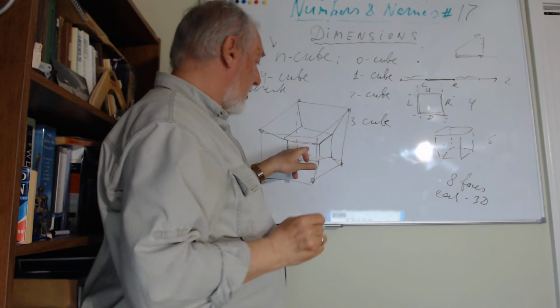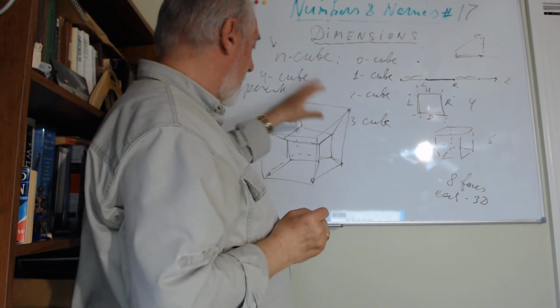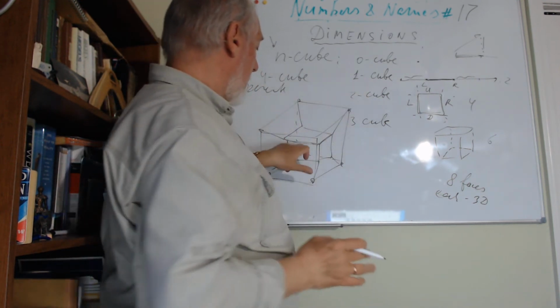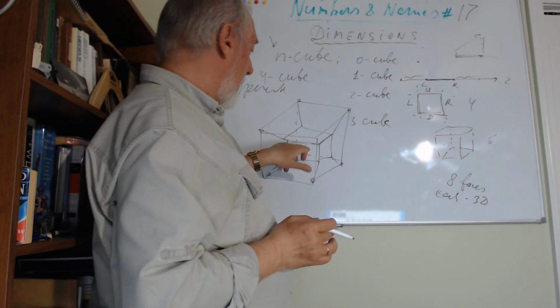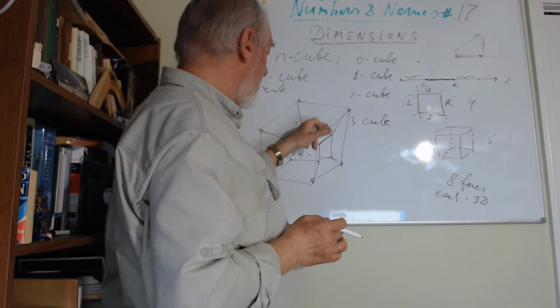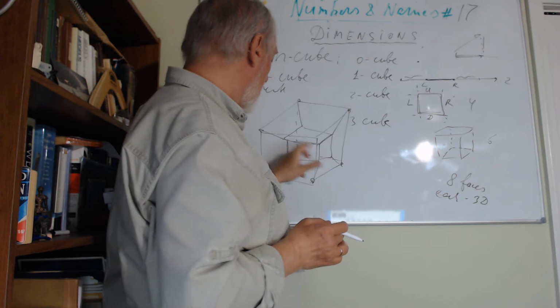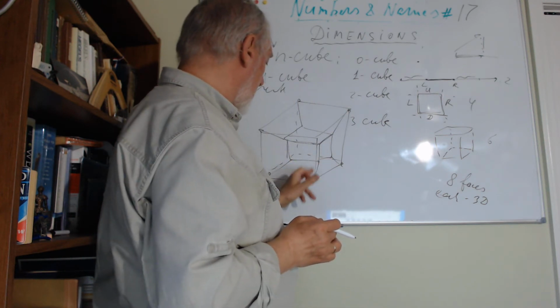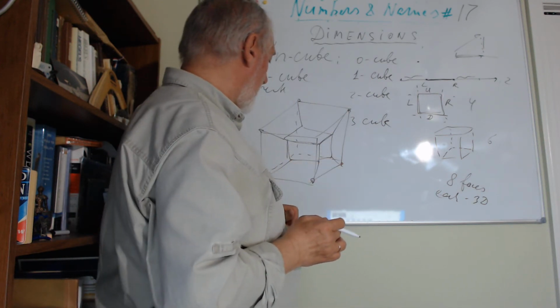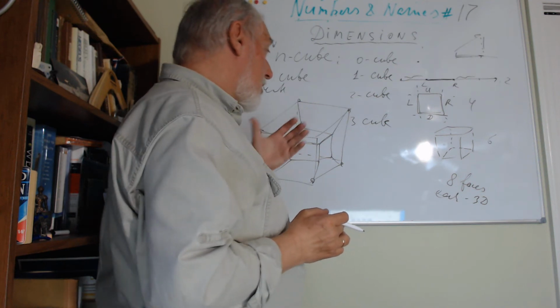So this is a cube inside. You see the big cube. Inside is a smaller cube, and this cube is connected with these lines, here, here, and here. They're actually planes, I think. It's just a projection.